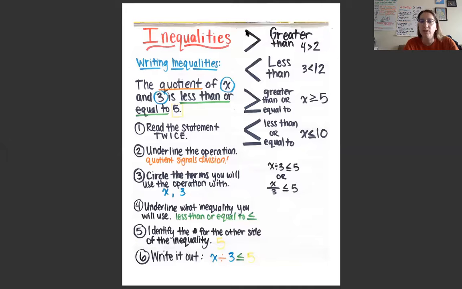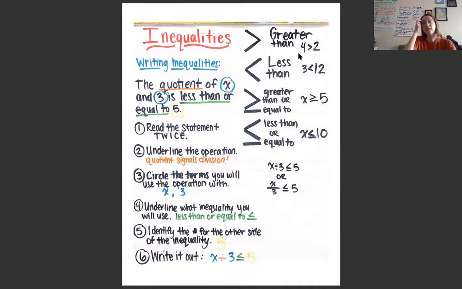As you know, and you've worked with for years since you were probably in first grade, we have greater than and less than here, right? So 4 is greater than 2, and 3 is less than 12. And a lot of the tricks are like, the alligator is going to eat the larger number and all of that good stuff.